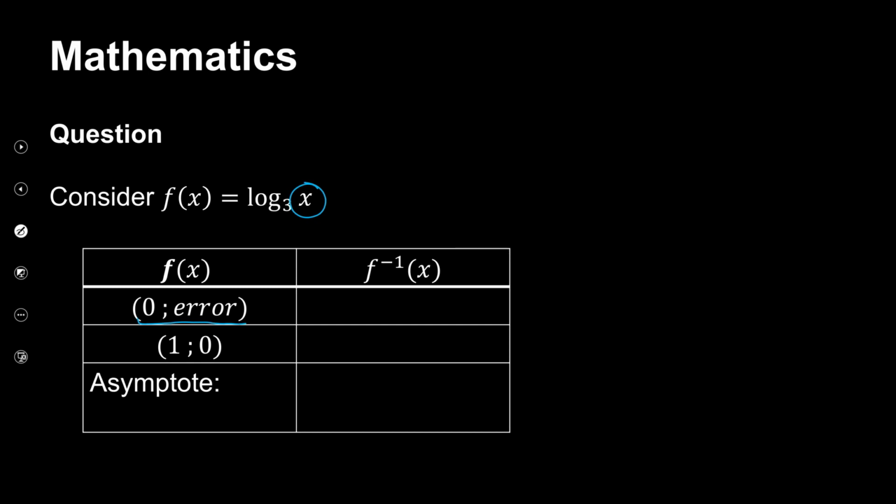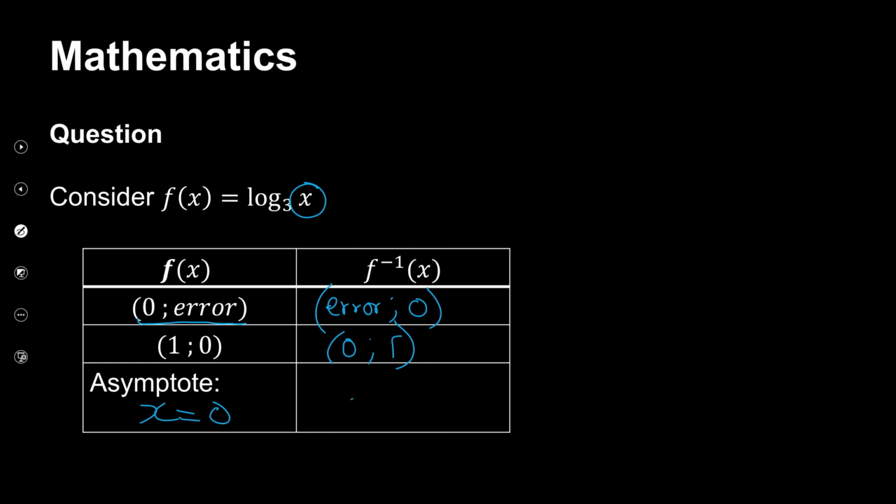So it means for the inverse, this is going to be error and 0, because you swap them around. And then this one is 1 and 0, so it means for the inverse, it will be 0 and 1. And then lastly, the asymptote here, remember we said it was x equals 0.